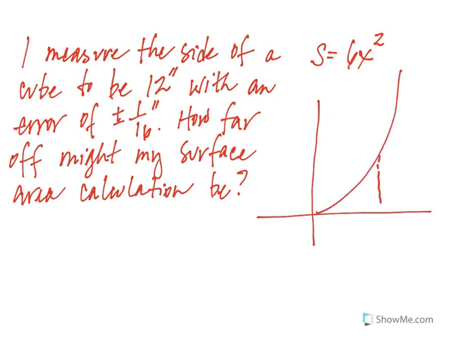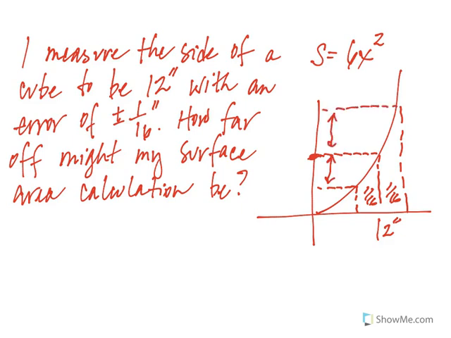Now I measure it. Here's my side of my box. There's 12 inches there. And again, I could be off by plus or minus 1/16 of an inch, either above or below. So if this is my true surface area, I think you would agree that if I screw up the measurement of each one of the sides, I could be off by this distance, or I could be off by this distance.